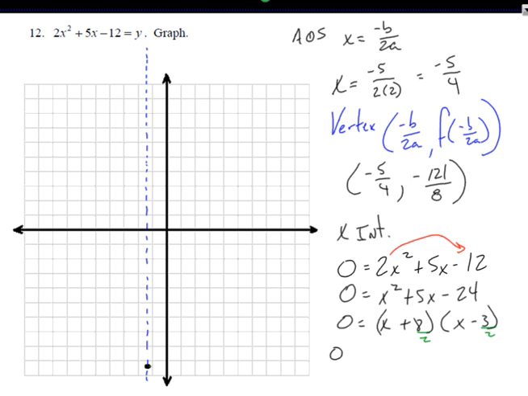So I have 0 is equal to x plus 4, 2x minus 3. So my x-intercepts are at negative 4 and at positive 3/2. So negative 4, 1, 2, 3, 4, place a point, and then 1 and 1/2, place a point. My parabola then will look like so.